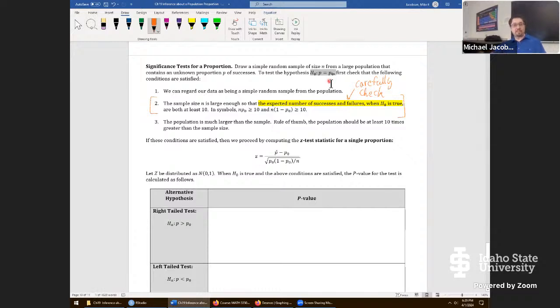So if we make that null hypothesis a statement we regard as true, we just say, how many successes do we expect when the null hypothesis is true? That's this one right here. And how many failures do we expect? That'd be this formula right here. These are almost always going to be non-integer values, so they'll have to be rounded and such, but they don't have to be rounded to the nearest integer. And they just have to be at least 10.